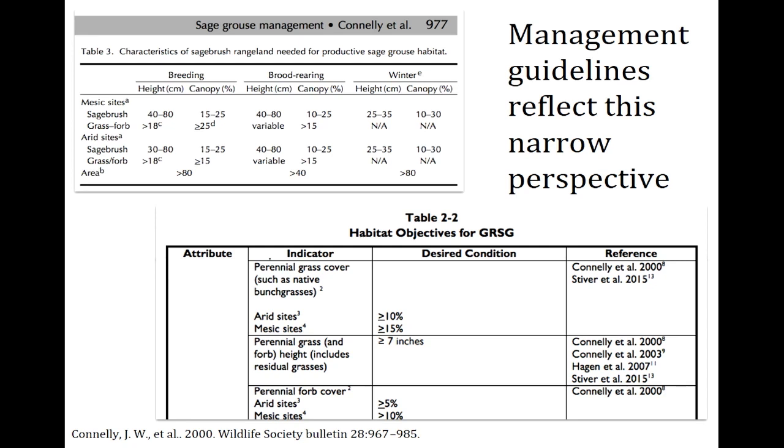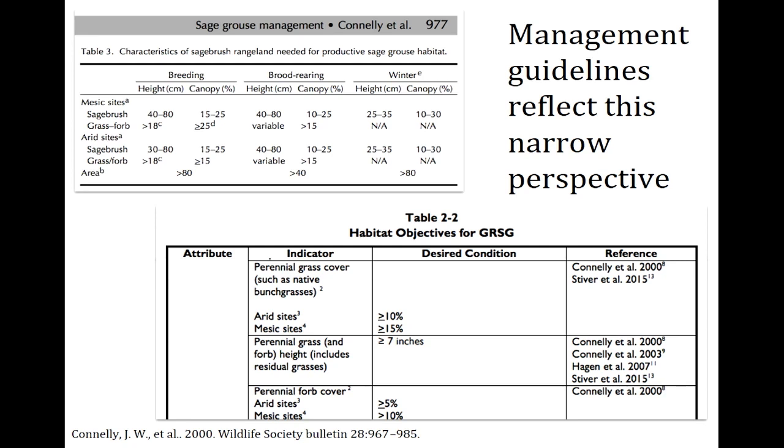So what they did was they took every available study and tried to summarize what habitat looked like, what high quality habitat looked like for various seasonal habitats for sage-grouse. And they came up with these numbers. Even though this is almost 20 years old now, these Connelly guidelines very much live on today.